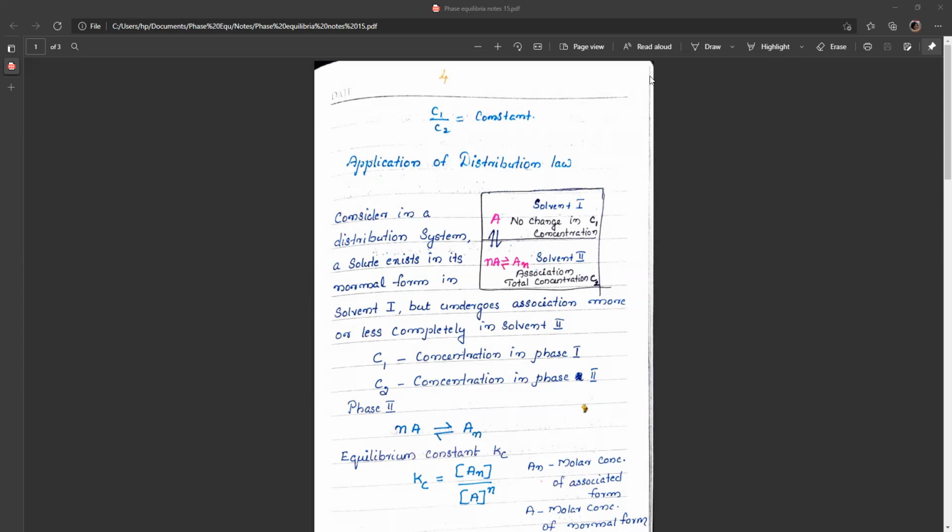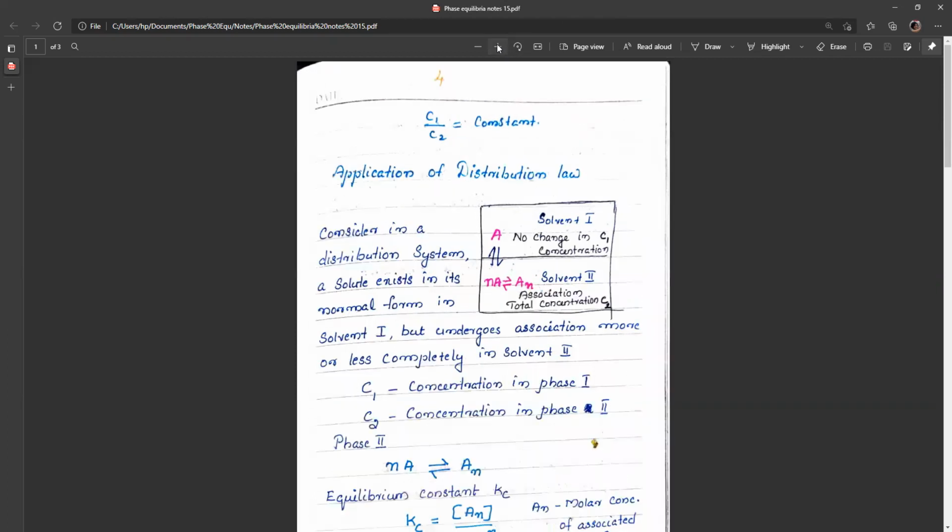At first, let us discuss the association of solute in one of the solvents. Consider a distribution system like this in the diagram. Solvent 1 and solvent 2 are two immiscible solvents, and we are taking a solute A, which exists as such in solvent 1, and molecules of A associate to form An in solvent 2.